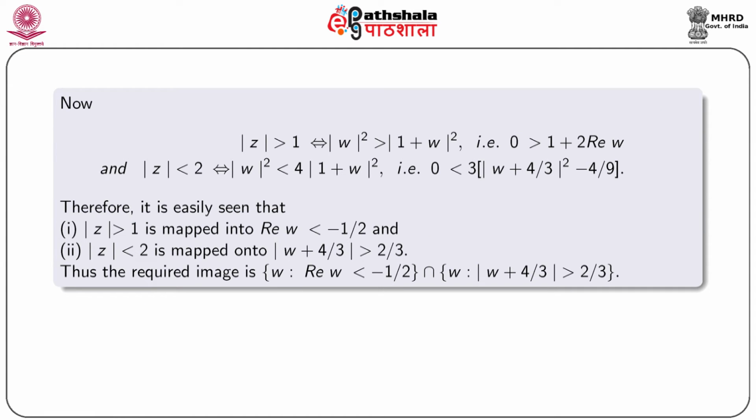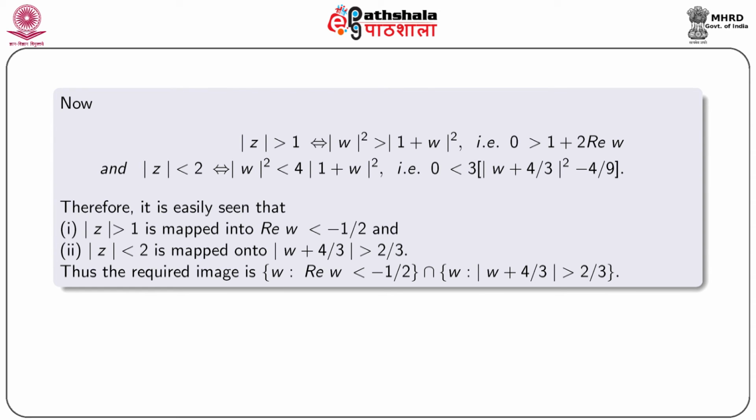Now, |z| > 1 if and only if |W|² > |1 + W|², that is, 0 > 1 + 2 Re W, and |z| < 2 if and only if |W|² < 4|1 + W|², that is, 0 < 3|W + 4/3|² − 4/9.